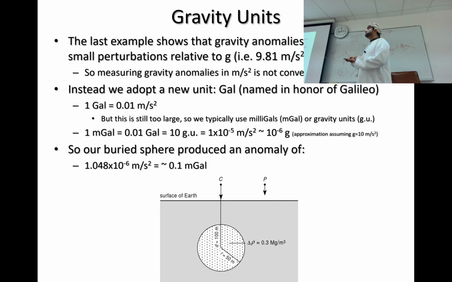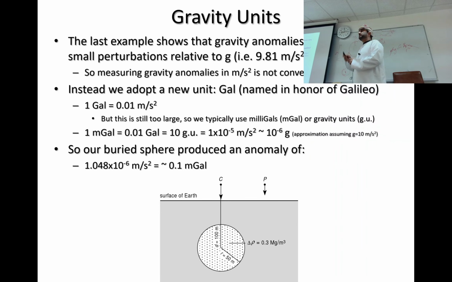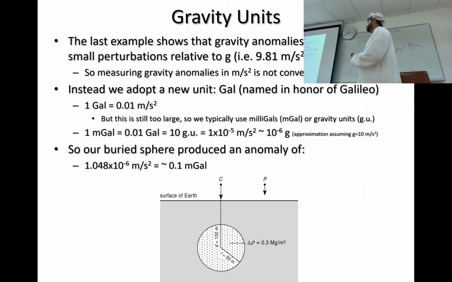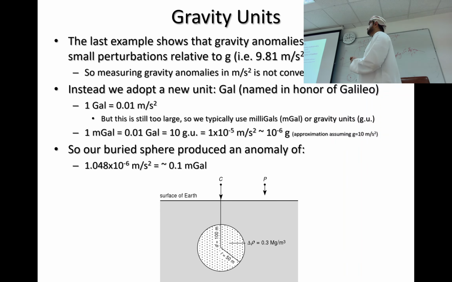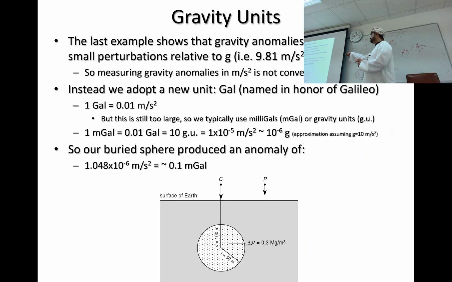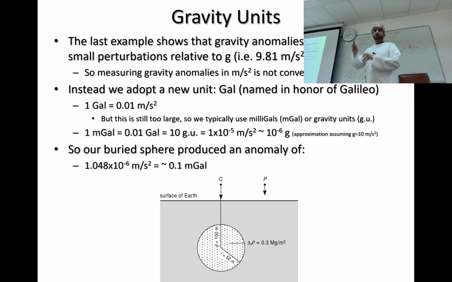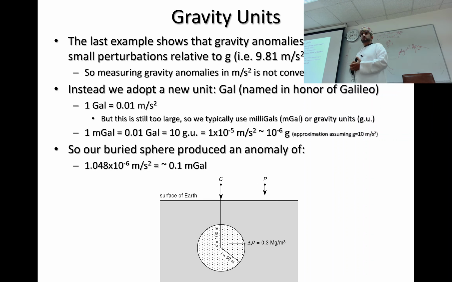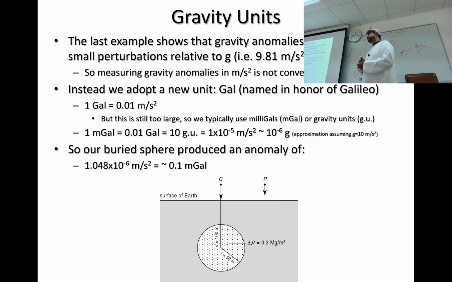So we don't actually use this unit, meter per second squared. We use a different unit. We call it Gal, in honor of Galileo. You know Galileo. Galileo is the guy who dropped different materials and came to the conclusion that the two bodies will fall at the same time, irrespective of their weight.